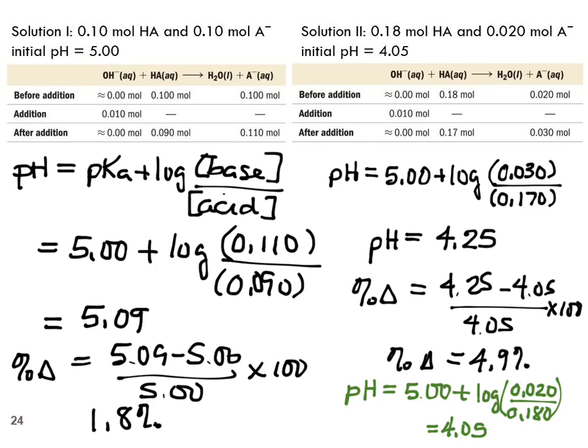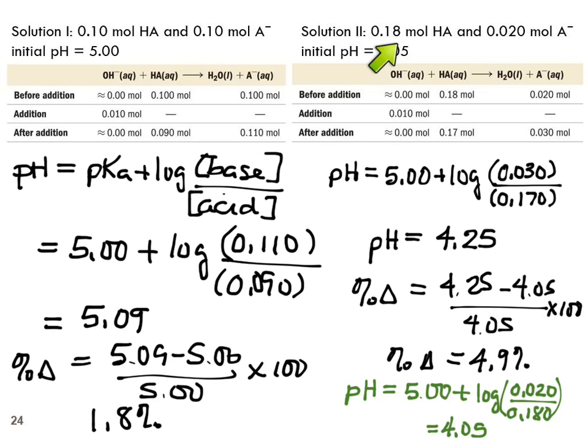This is just, we're making up a problem here, a generic buffer. We're just saying, let's say the pKa is 5, but let's look at what happens when we use different amounts of acid and base. Here they're equal, here they are most definitely not equal.